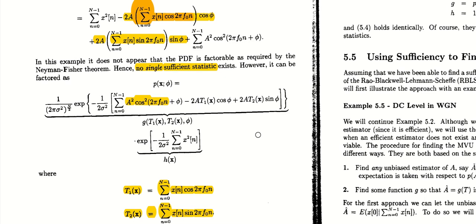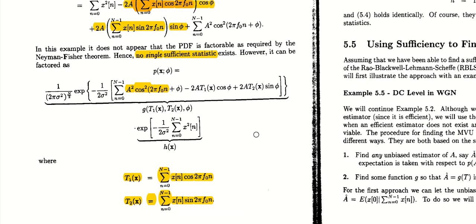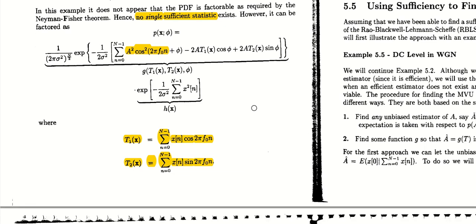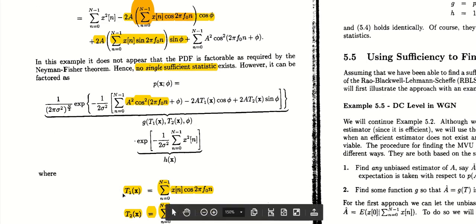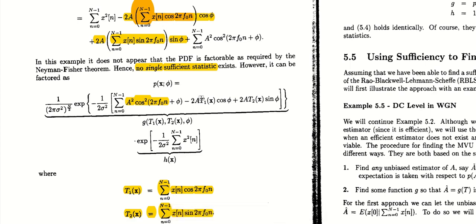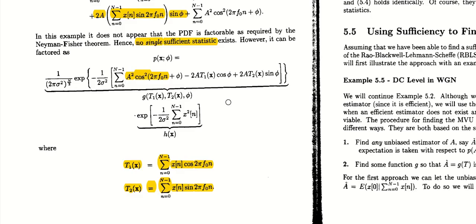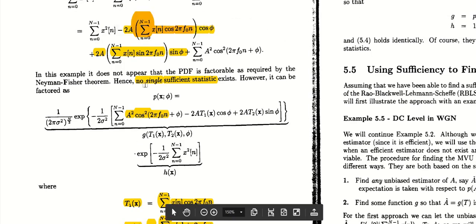Okay, so let's just take a few seconds and watch the details. You have T1 equal to this multiplied by cosine. So you have T1 multiplied by cosine. You have T2 equal to this multiplied by sine.